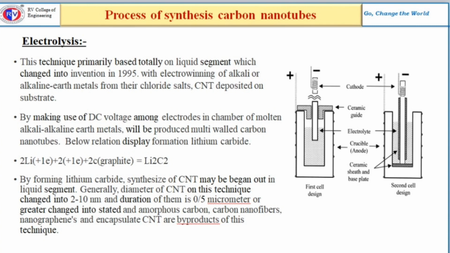By forming lithium carbide, synthesis of carbon nanotubes may begin in the liquid phase. Generally, the diameter of carbon nanotubes in this technique was 10 nanometers and the length was 0 to 5 micrometers or more. Amorphous carbon nanofibers, nanographenes, and encapsulated carbon nanotubes are byproducts of this technique.